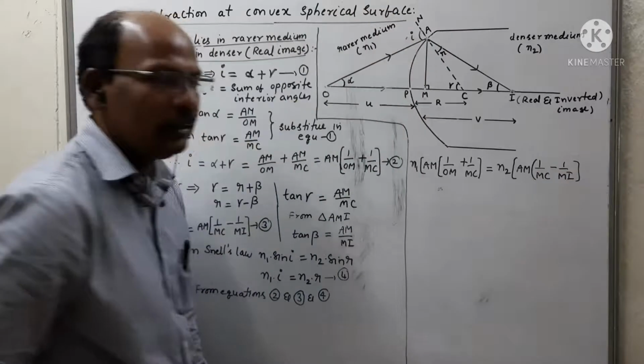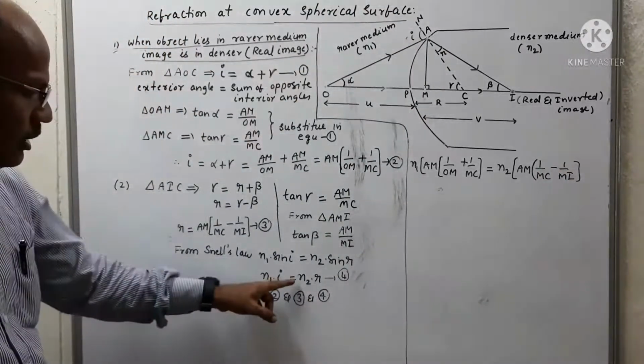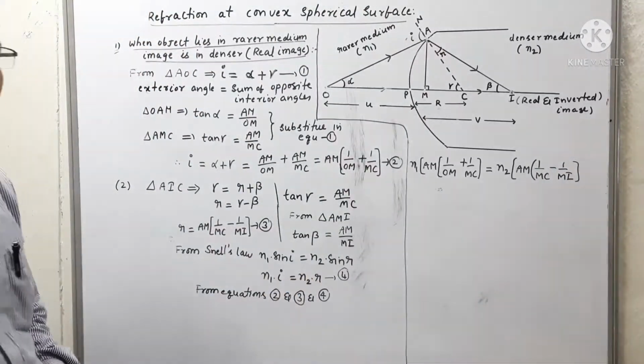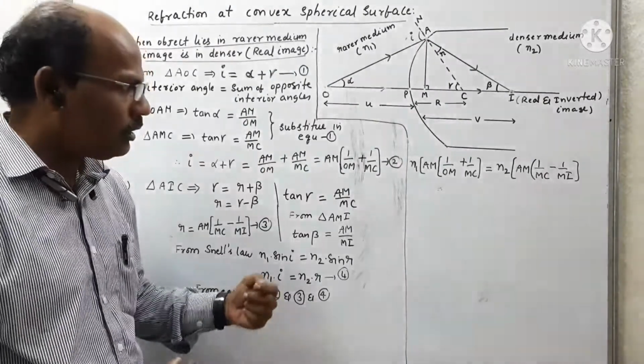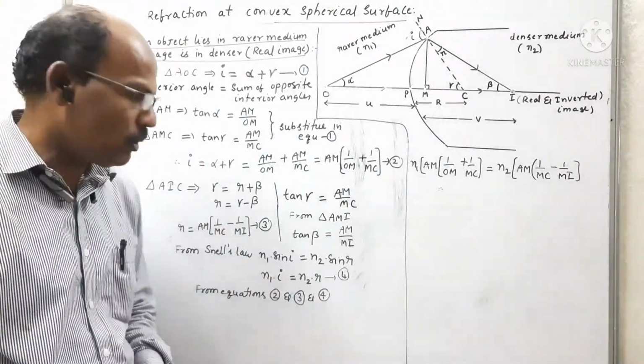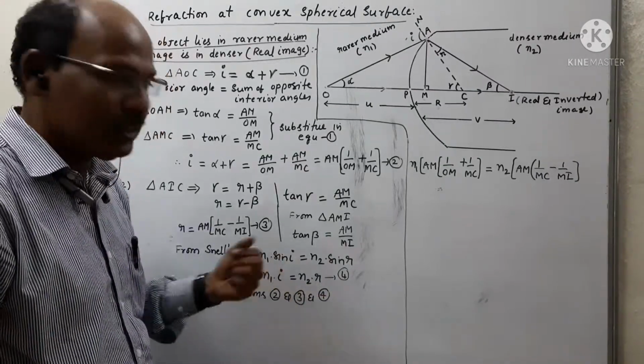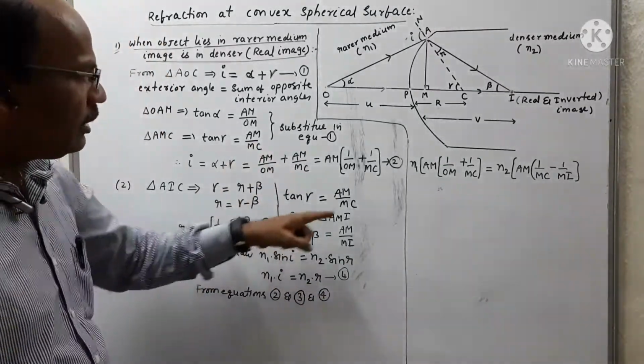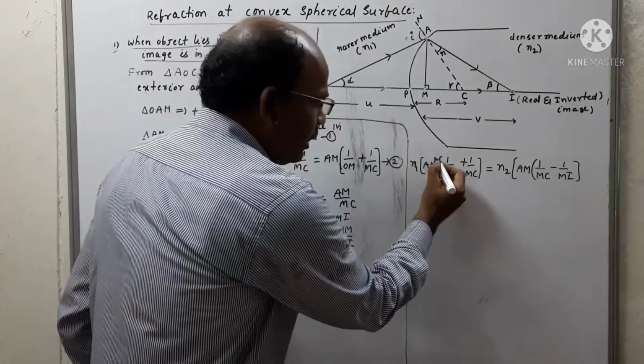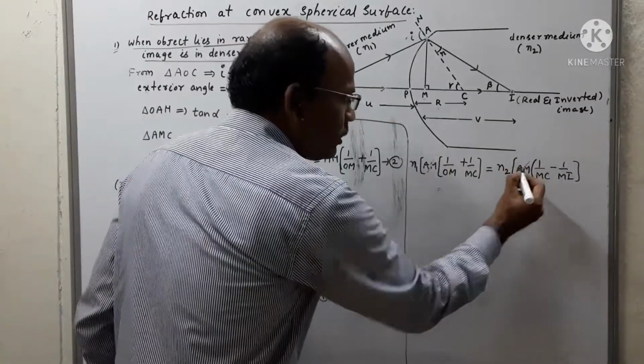So from Snell's law, N1 I is equal to N2 R for thin lenses, or when the angle of incidence is very small. Substitute the values of I and R in this equation from 2 and 3. So cancel AM on both sides.